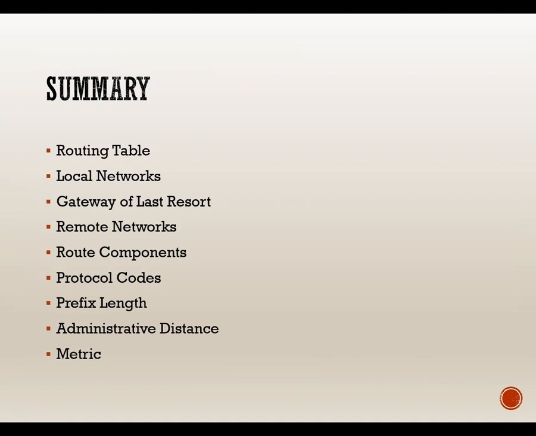We talked about the protocol codes, prefix length, and administrative distance. Administrative distance is how trustworthy the route or protocol is, and the metric is how the routing protocols determine which of the available paths to take if there is more than one.